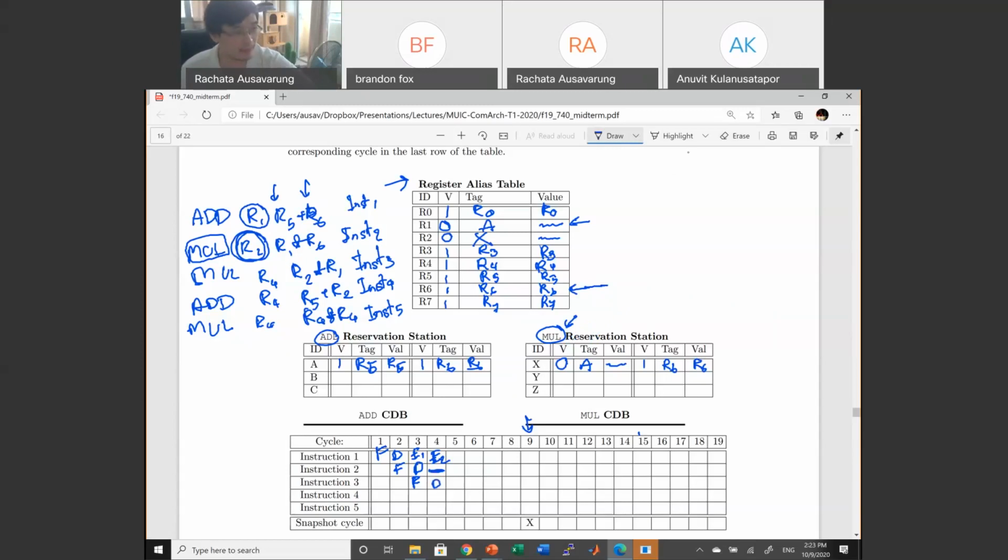During the decode, now you put instruction 3 in the reservation station. What is instruction 3? It's a multiply. It's multiplying R2 and R1, right? So what is R1 and what is R2?